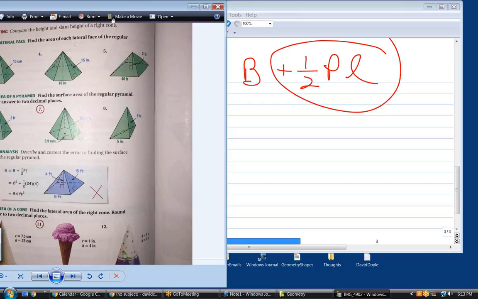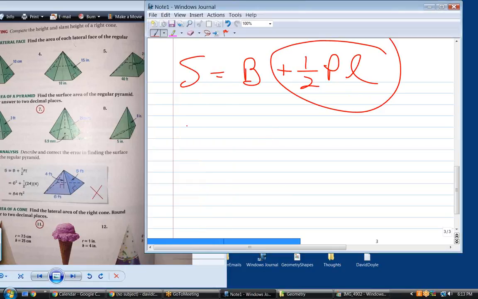So in number 4, what's the lateral? 15. What's the perimeter? Hold on, let me restate that. Lateral is not lambda. Lateral means the area that surrounds the base. Okay. So what I have circled over here is the lateral area. So we need the perimeter and we need lambda.